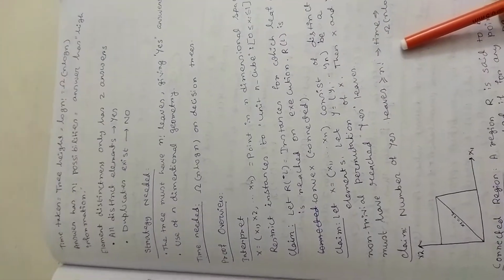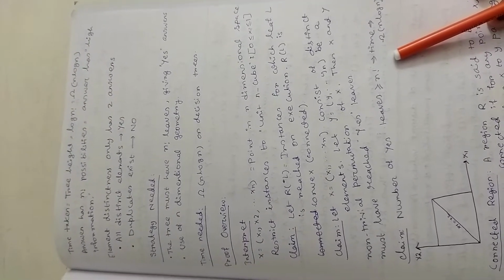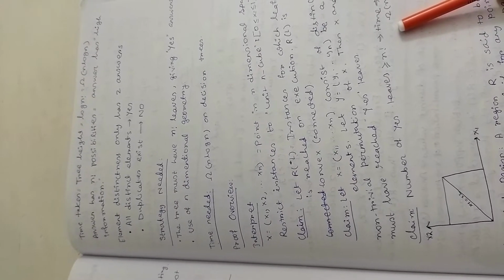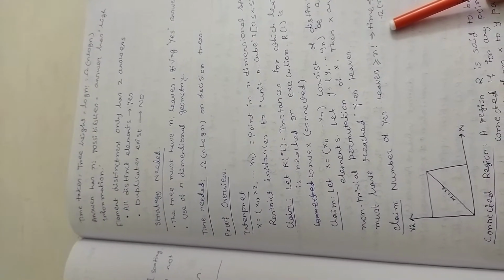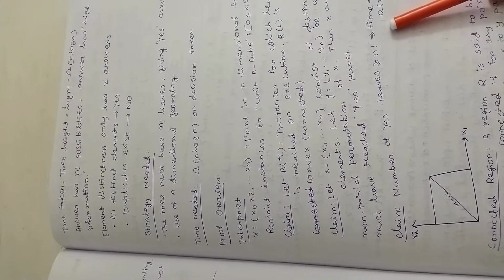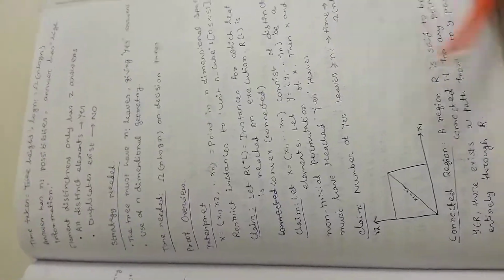Next we will find the strategy needed to solve this problem. The tree must have n factorial leaves which give the yes answers, and we will also use n-dimensional geometry here. The time needed by the decision tree is omega of n log n. Now we will overview the proof.